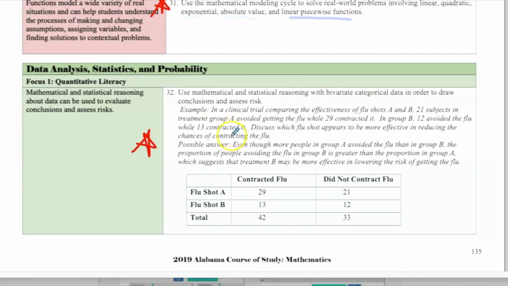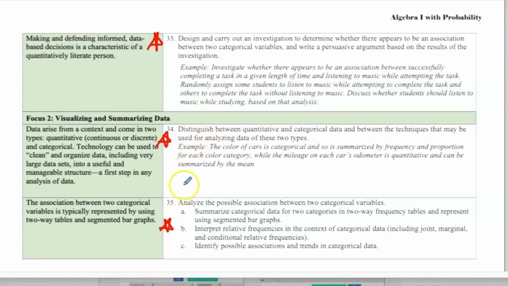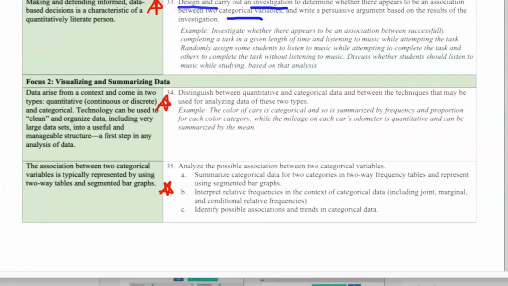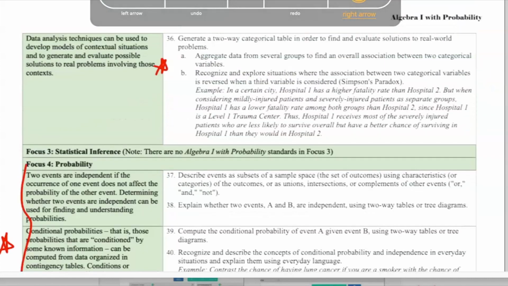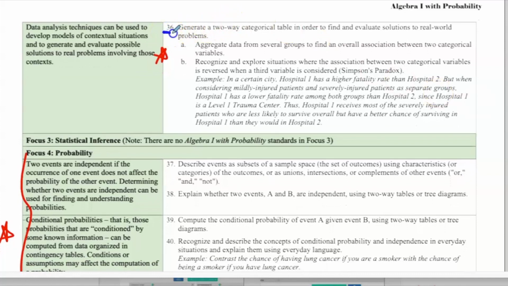One, we take a lot deeper dive into two categorical variables, so you will see that on 32, 34, and 35. 33, they're designing and carrying out an investigation to see if there's an association between two categorical variables. And then we go to some of the probability. Okay, we have one more statistics standard.